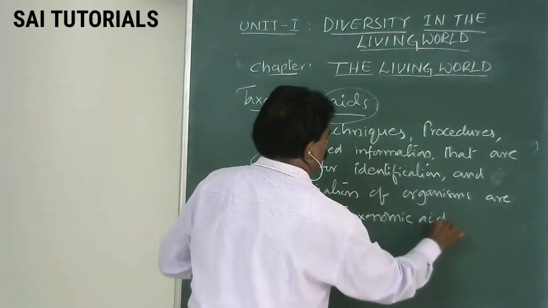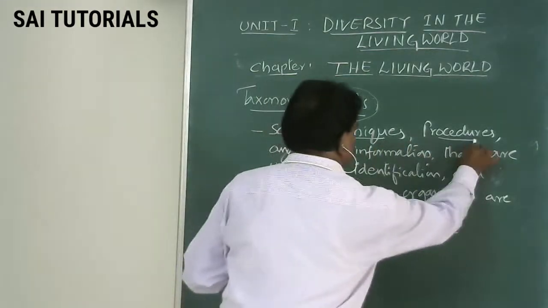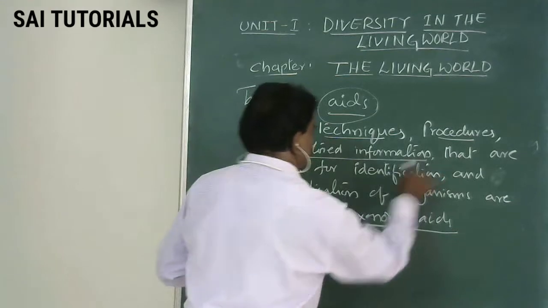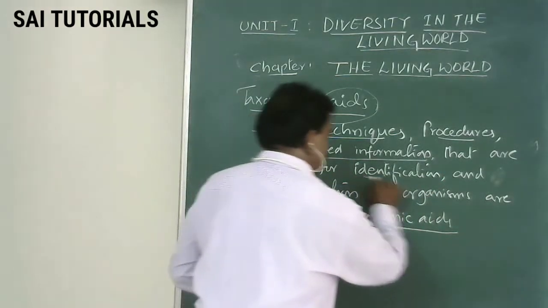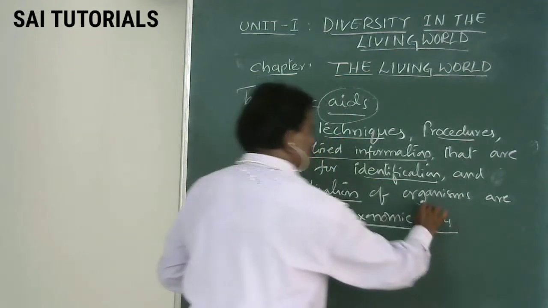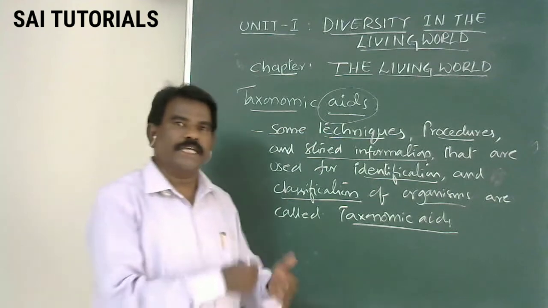So, what are taxonomic aids? Some techniques, procedures and stored information that are used for identification and classification of the organisms are called taxonomic aids.